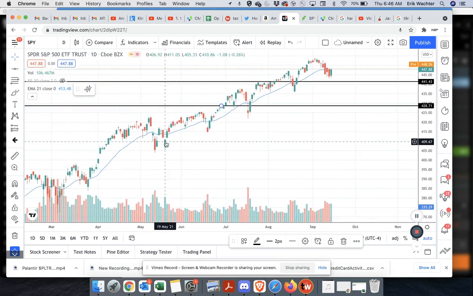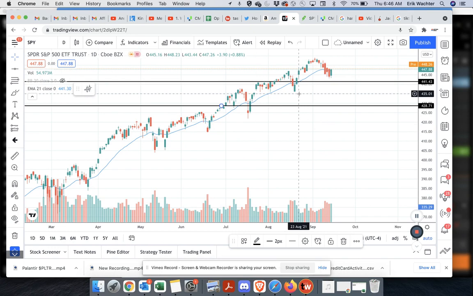The S&P 500 has been on a massive rally, and it's been sort of top heavy, so to speak. But I think it would really have to be a decent-sized crash for that to happen.